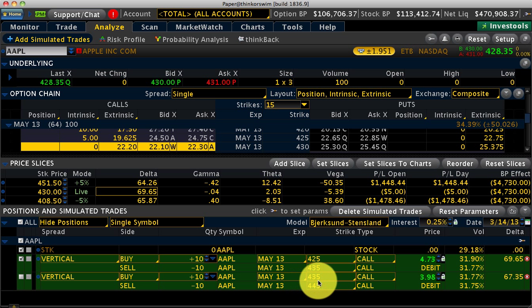But because your 435 is at the money, it's going to have the highest extrinsic value. And that's your long option. And therefore, the price of that option is going to be inflated, just like the previous example. And so when that is inflated, the difference between the 435 and the 445 is going to be maximized. So that's really where you want to be.